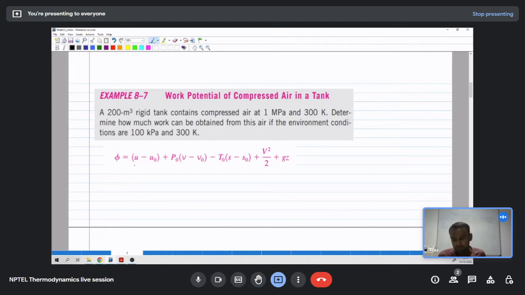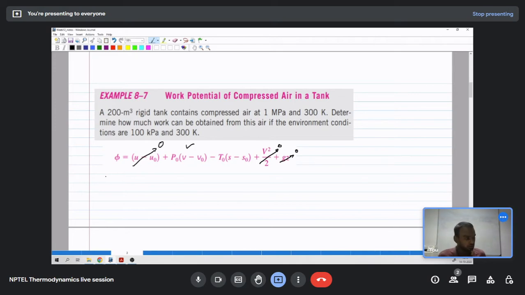T naught is 300 Kelvin, but S minus S naught for a process with changing pressure can be calculated. Since there is no mention of kinetic and potential energy, I assume these to be 0. So we are left with only the two terms.